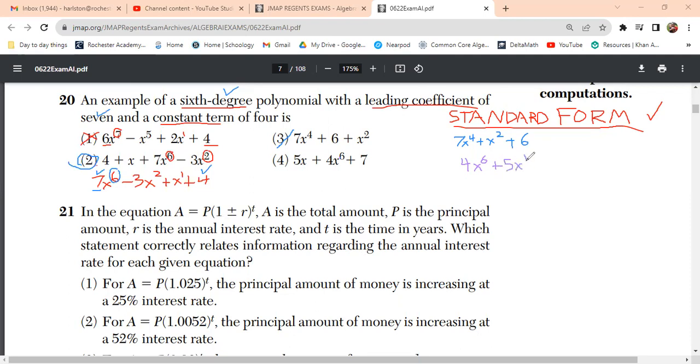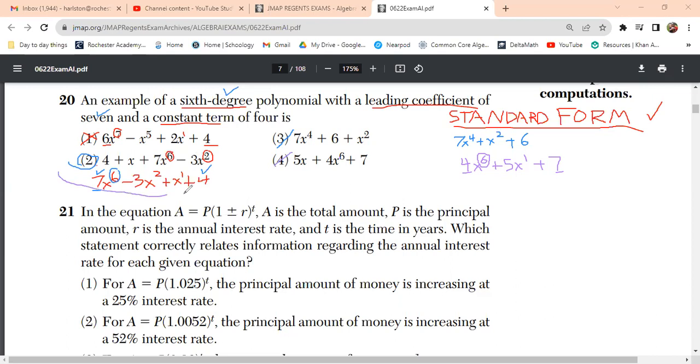I'm going to put a 1 here, and then it's going to be the constant 7. The degree of this polynomial is 6, the leading coefficient is 4, and the constant is 7. So this is close, but the 4 and the 7 are not in the right places. So this is not the answer.